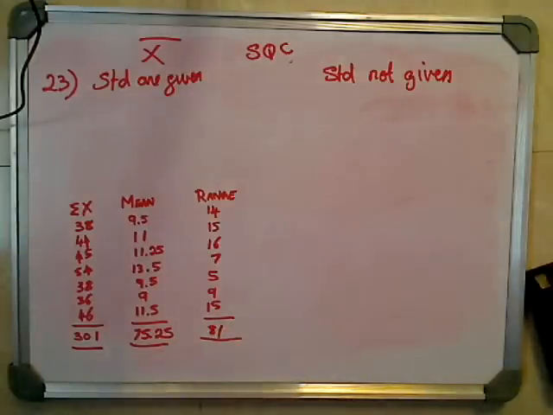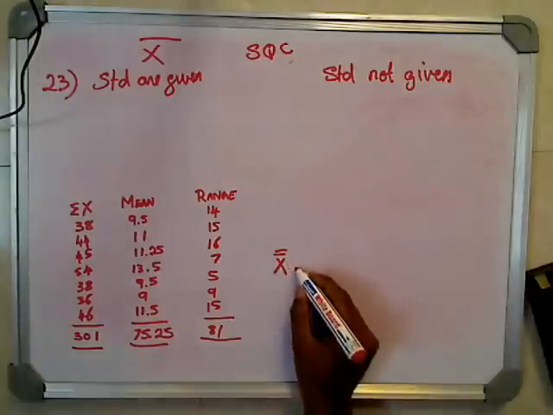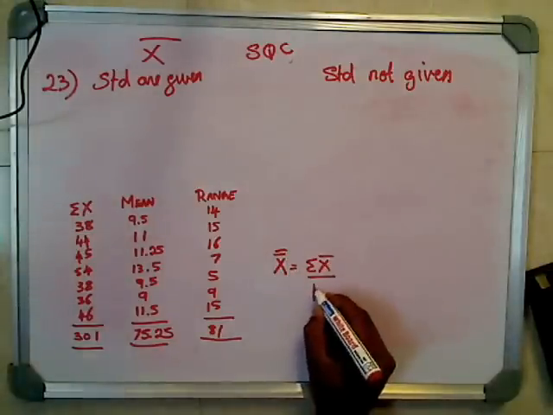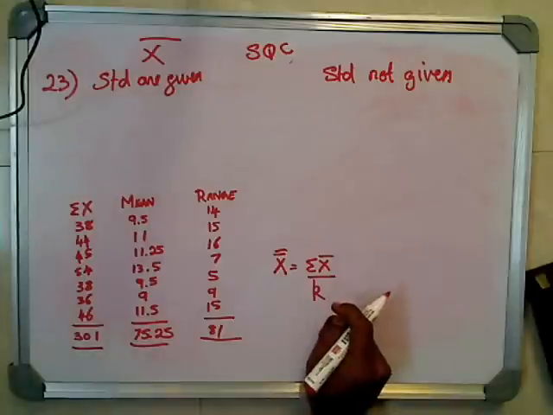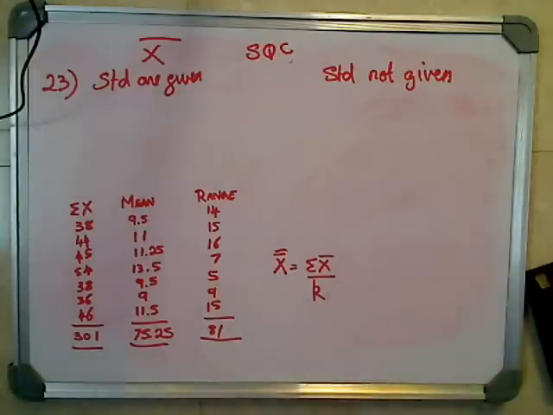Now we need a few more bits of data before you arrive at the required answers. Firstly, calculate X bar equals summation X divided by K. K here is the total number of samples you've taken, and as per the book, the number of samples here is 7.